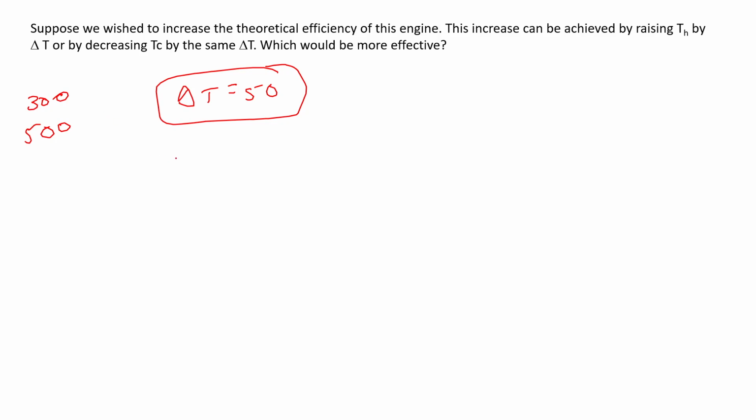First one is temperatures 300 and 550, the increasing case. Another case is 250 and 500, the decreasing case. Substitute and find the efficiency here also, then let's see which one has the higher value.